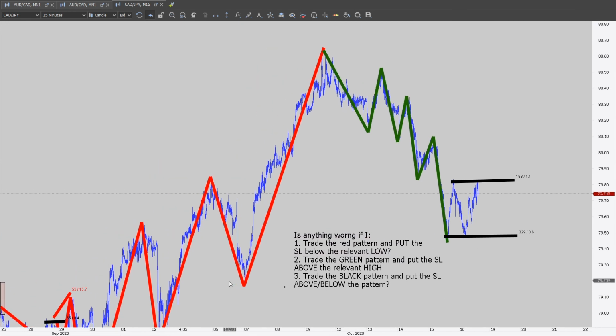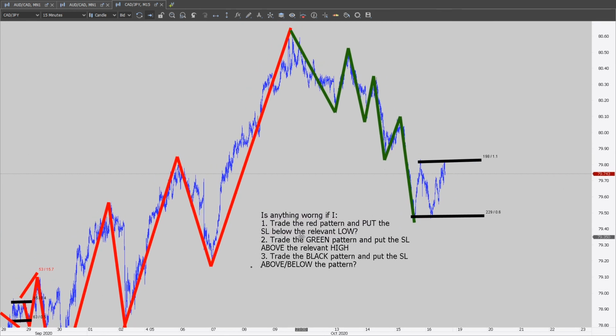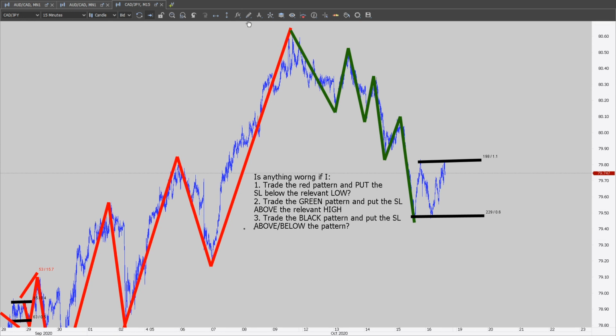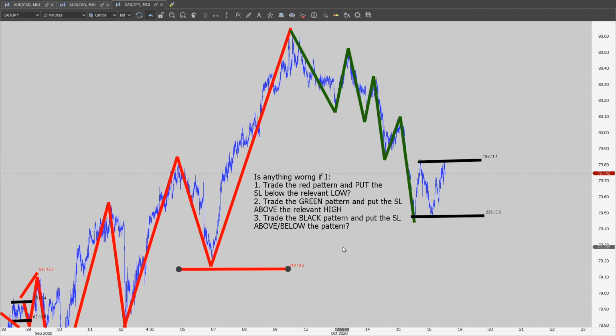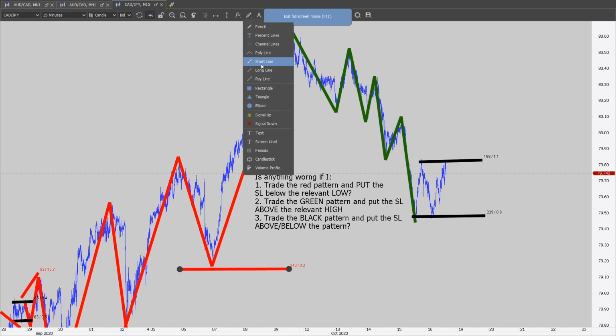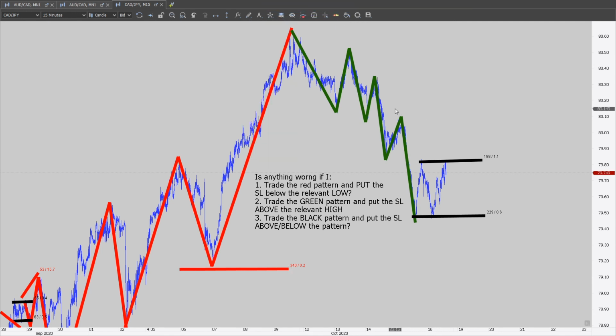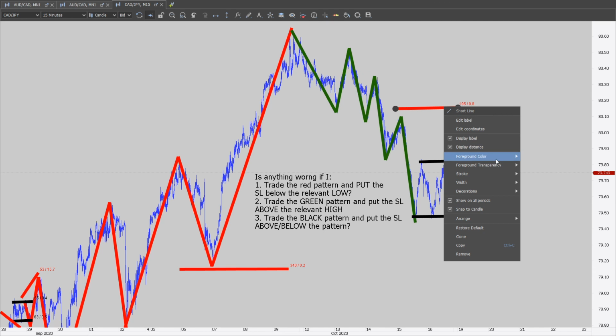This is the homework. Is anything wrong if I trade the red pattern and put the stop loss below the relevant low? This is the red one. Number 2, is anything wrong if I trade the green one and put the stop loss above the relevant high? And this is the green one.